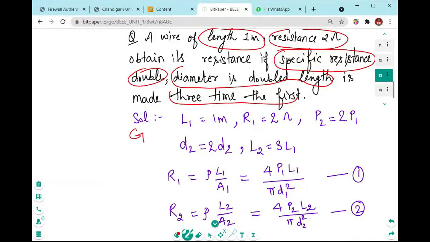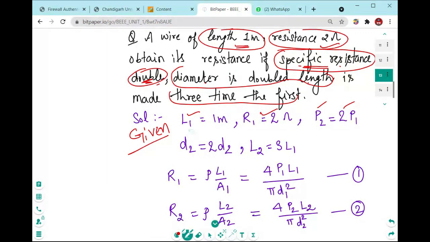So what we have right here: length L1 is 1 meter, and resistance R1 is 2 ohm. Next, rho 2 is 2 times rho 1, since the specific resistance is double to the first.